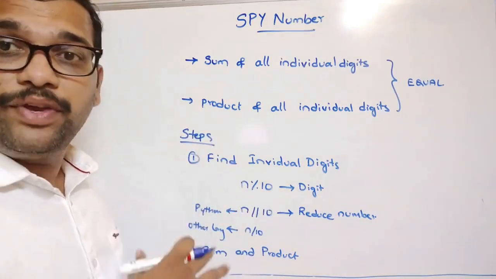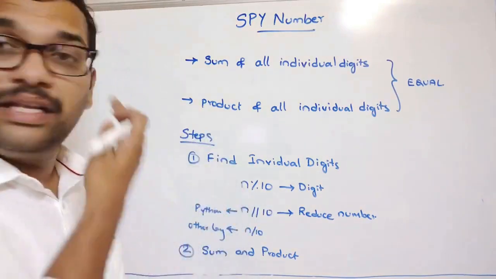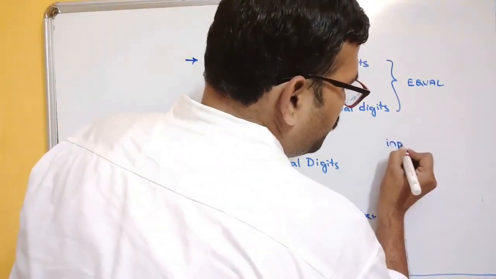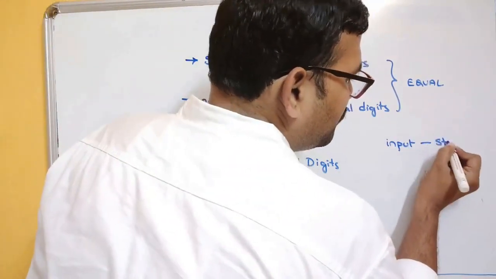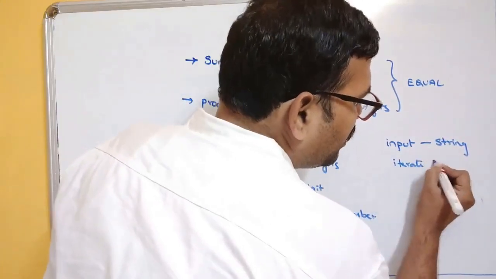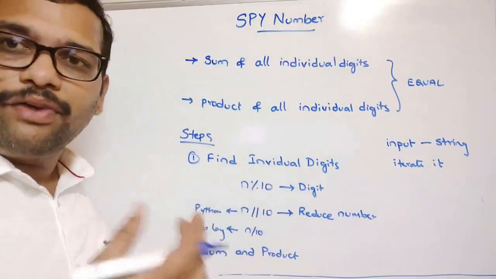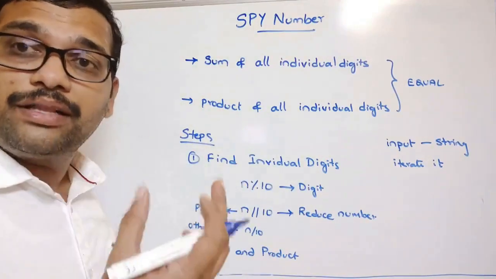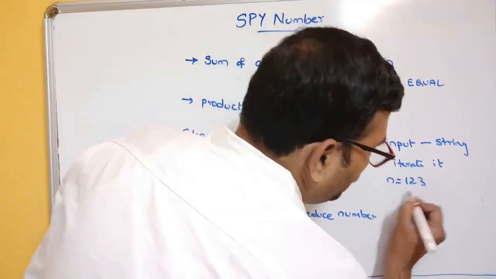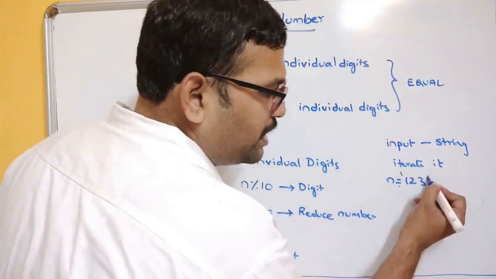One more way we can find this spine number is to take the input as a string and iterate over it so that we get the individual digits, and then convert each into an integer. For example, n is equal to 123, which is in string format.